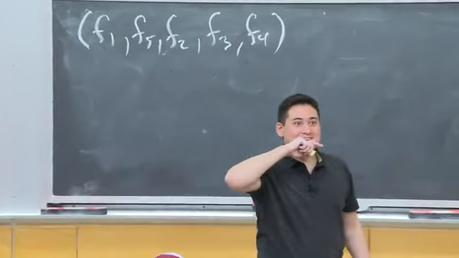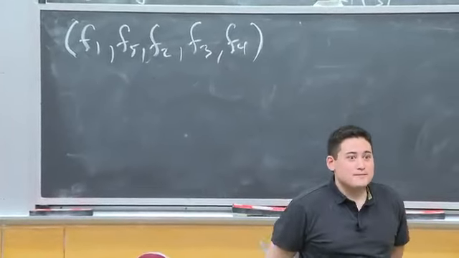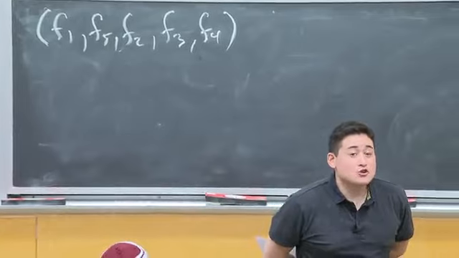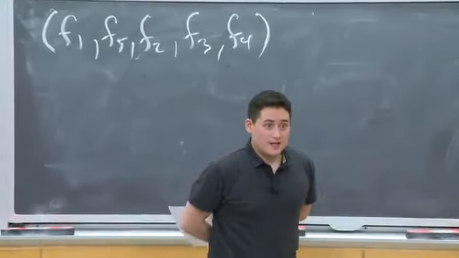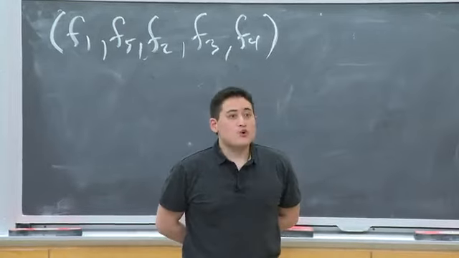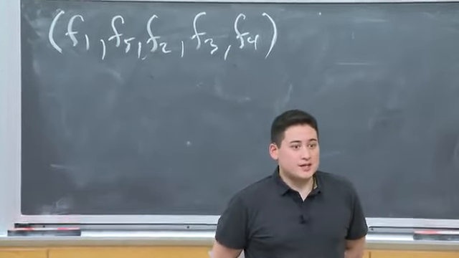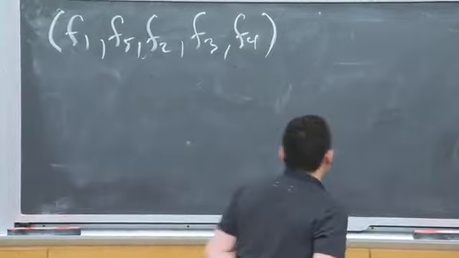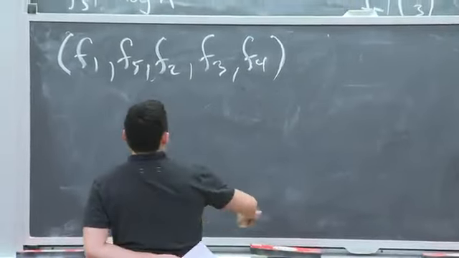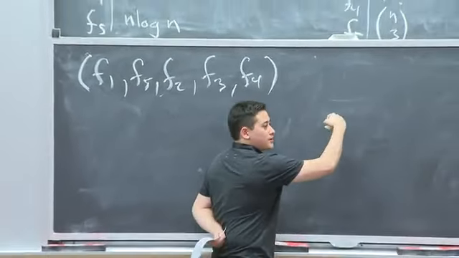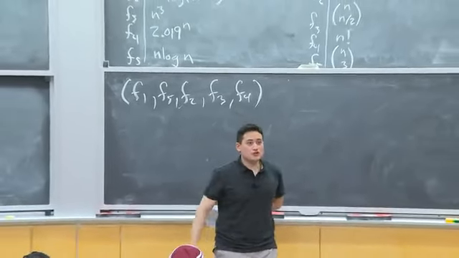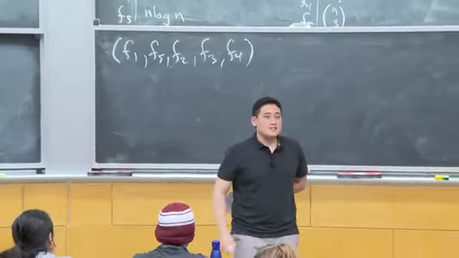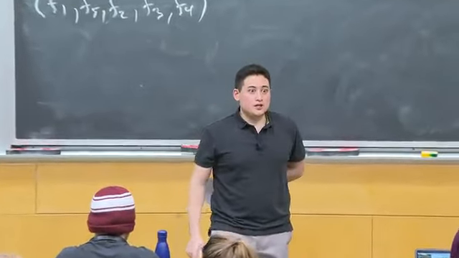Yeah? Sure. How would you go about proving that? So there is a proof in your recitation handout there. The method in which they proved that in the recitation handout was taking a ratio of the two functions and taking their limit as n goes to infinity, right?